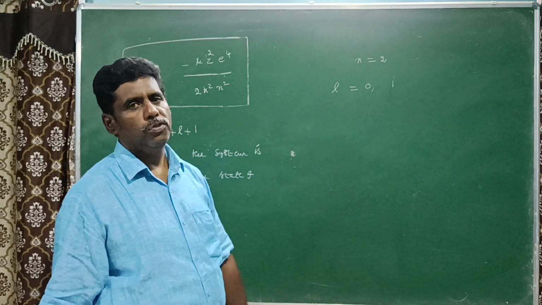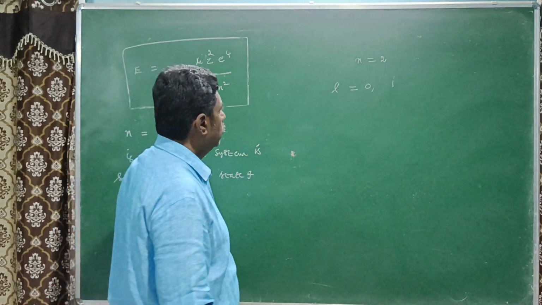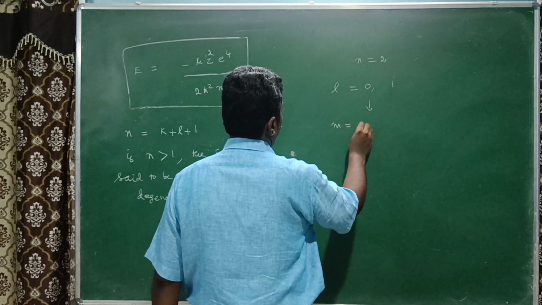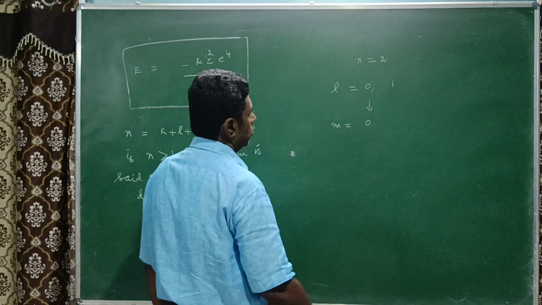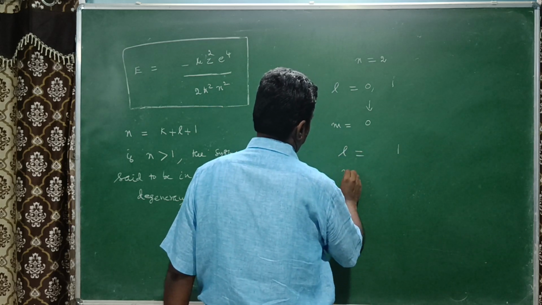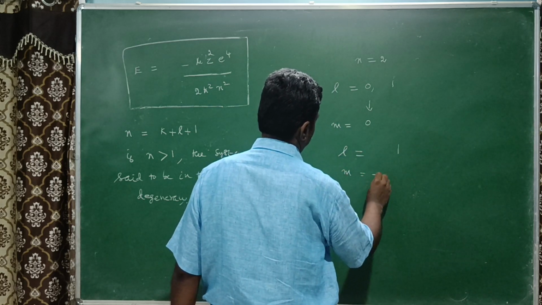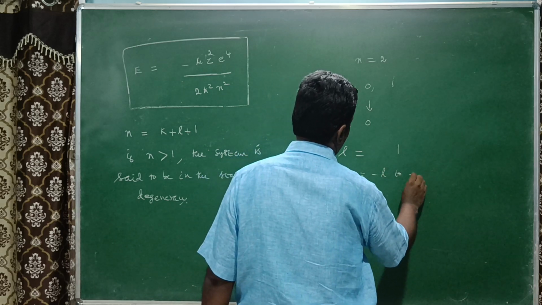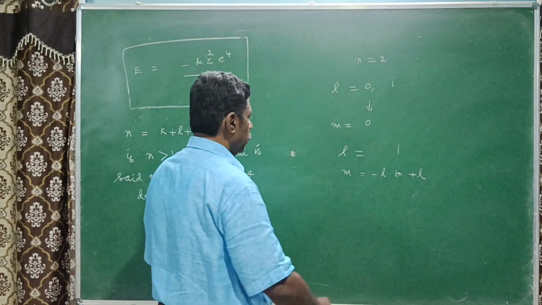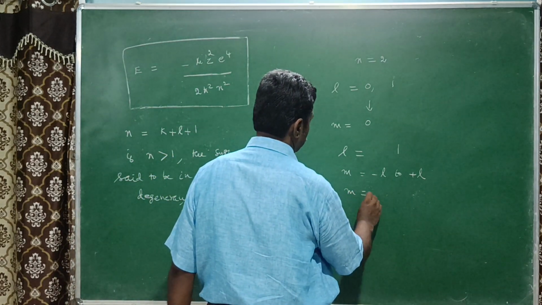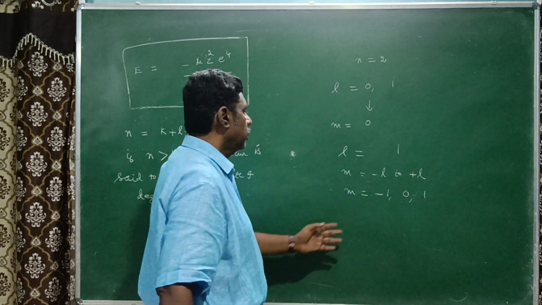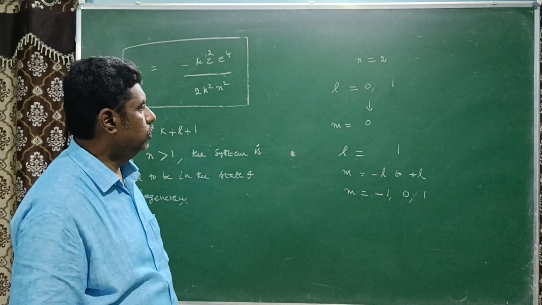If L is equal to 0, the value of m is equal to 0. Suppose the value of L equal to 1, the possible values of m are minus L to plus L inclusive of 0. Therefore, the values of m are minus 1, 0, 1. These are all the three values.